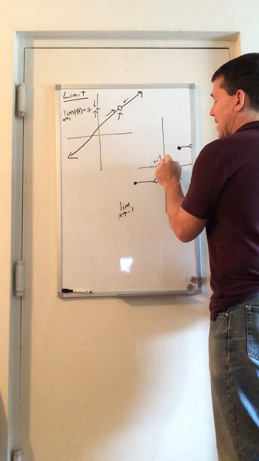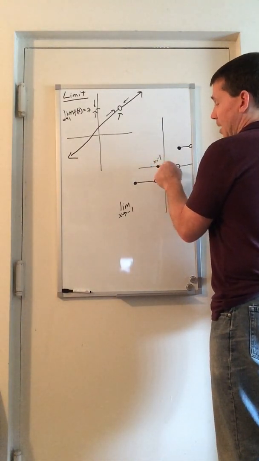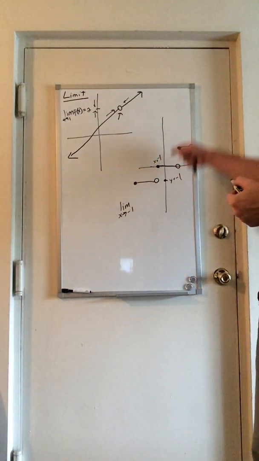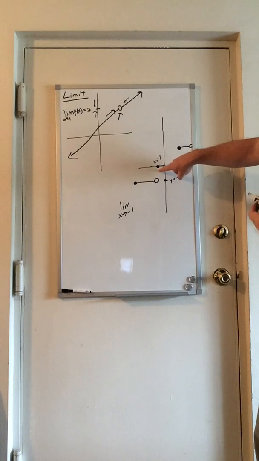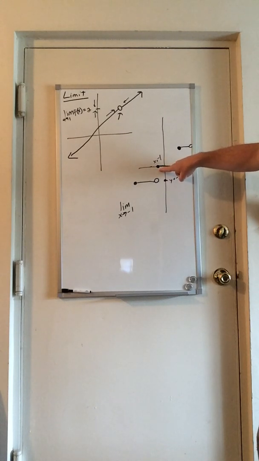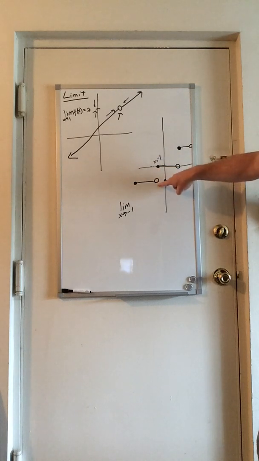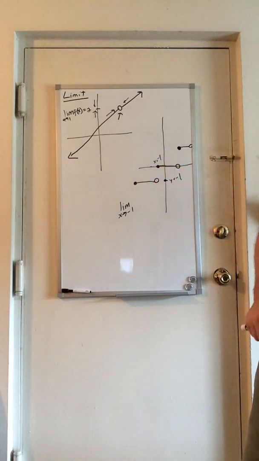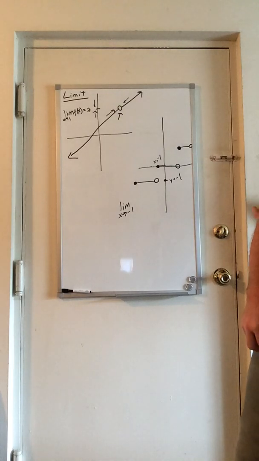If I pick x values to the right of -1, all my y values are going to be 0. And clearly, in this case, the function is defined here at -1, but it's got a hole right there, and the function's down there, and what do I do as far as my limit's concerned?